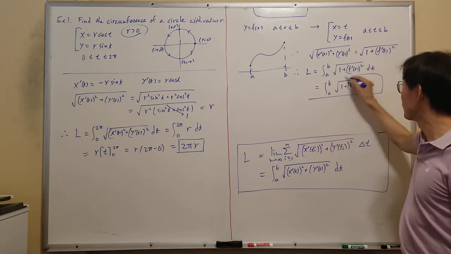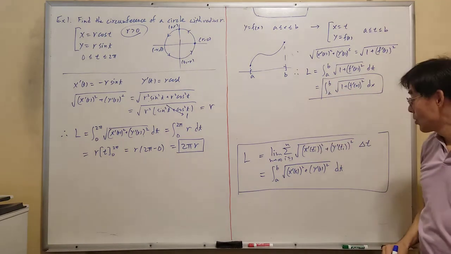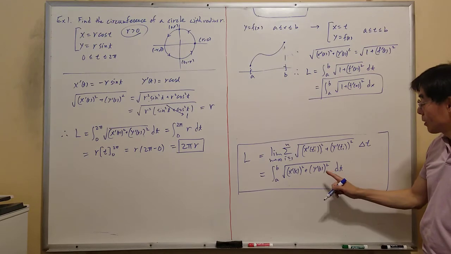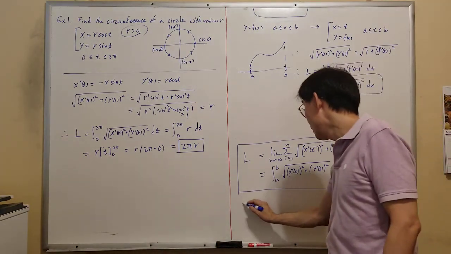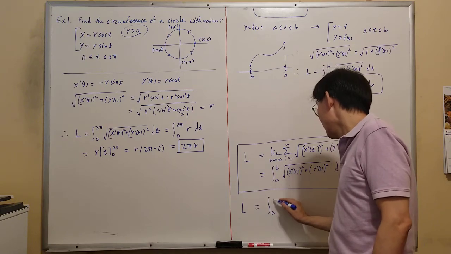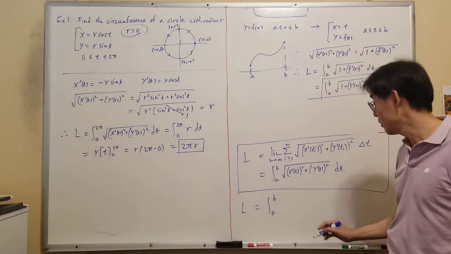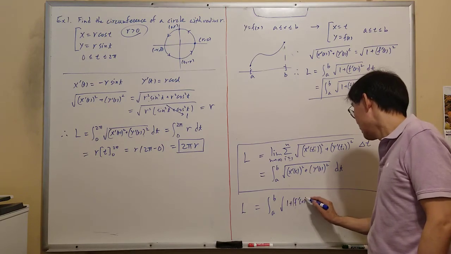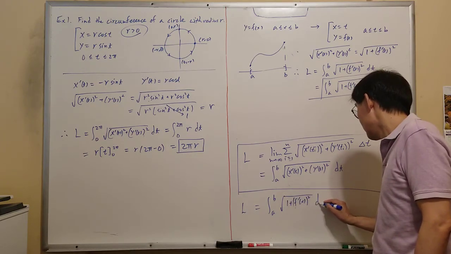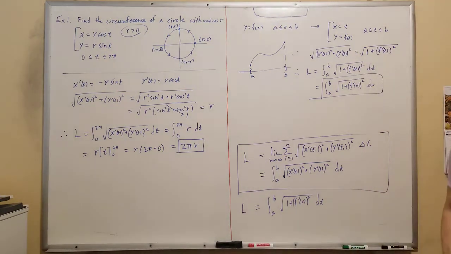That's why you have this formula. So, when you're given a parametric equation, this is your formula. Or, if you're given the graph of a function, then you can do the integral of the square root of 1 plus f prime of x squared dx. Okay?